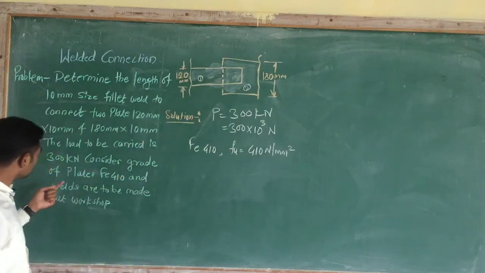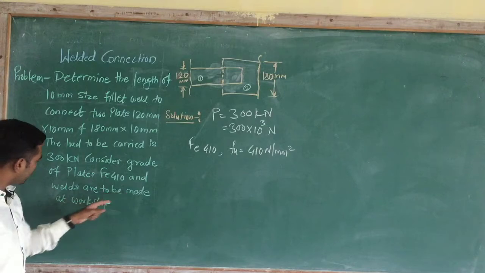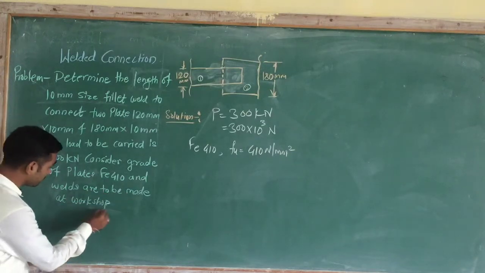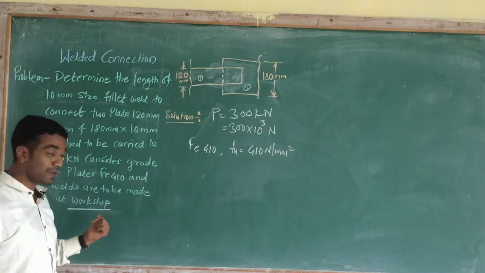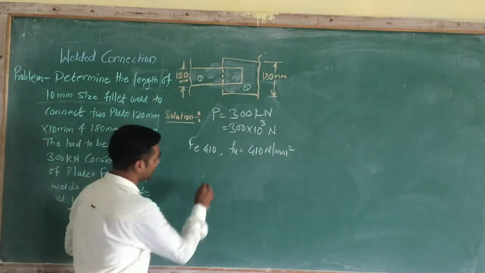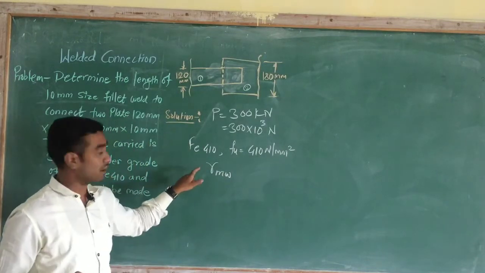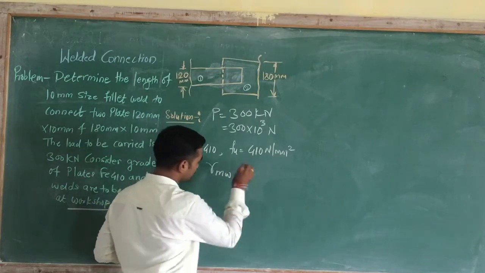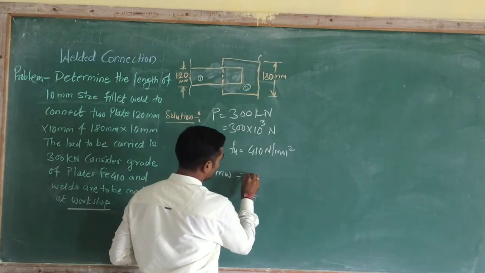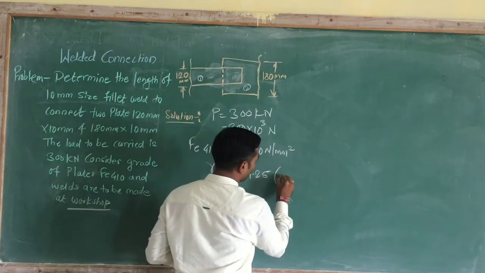Now what is given? And welds are to be made at the workshop. Here welding is made at the workshop. The value of gamma mw depends on this factor. Gamma mw is equal to 1.25 in case of the shop weld.